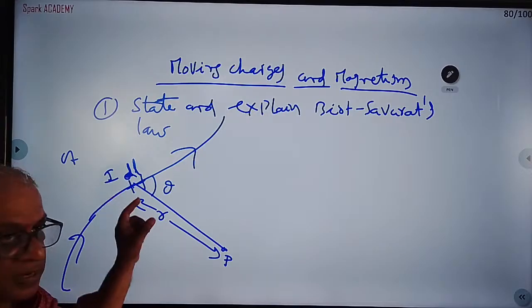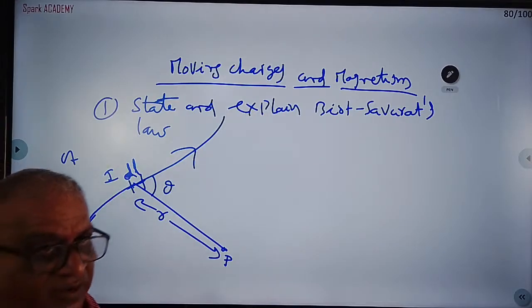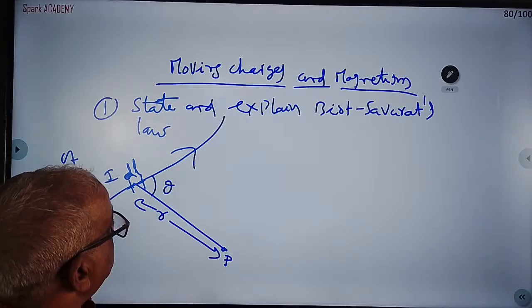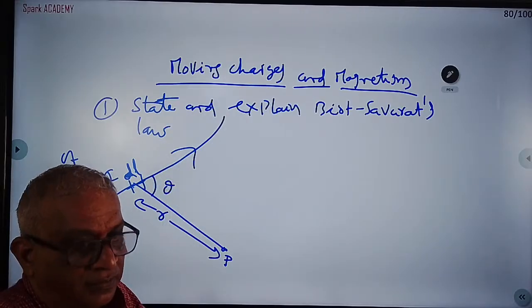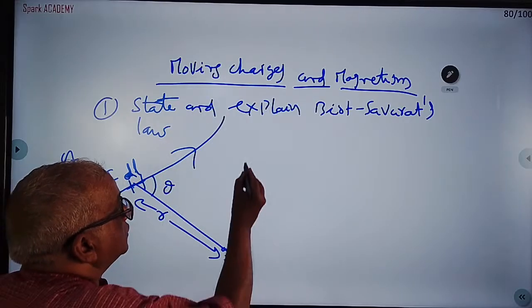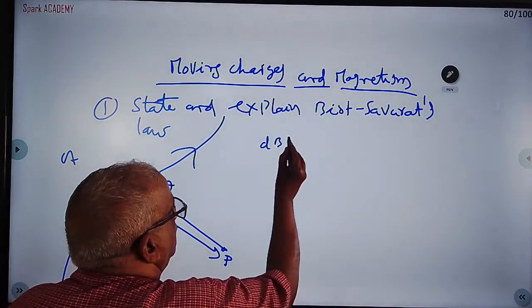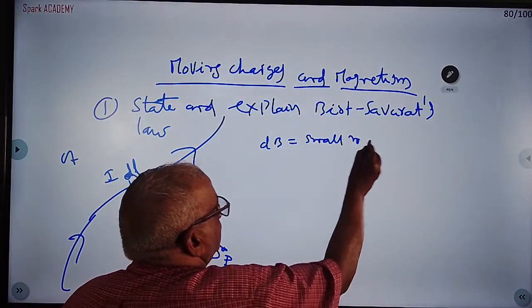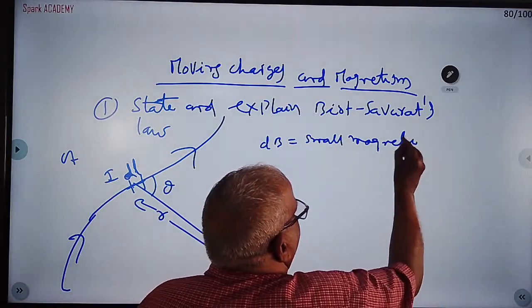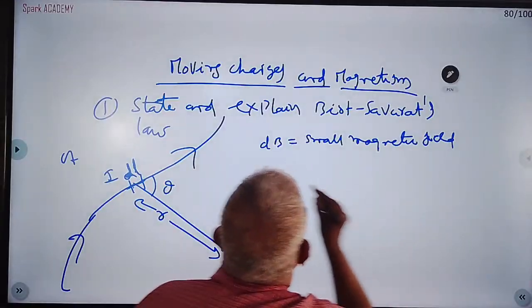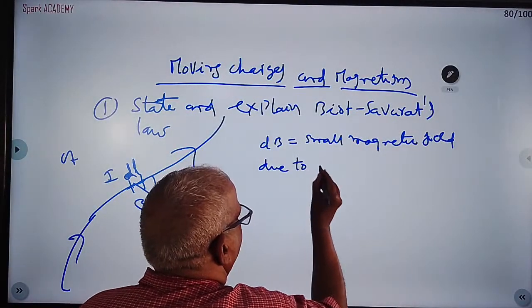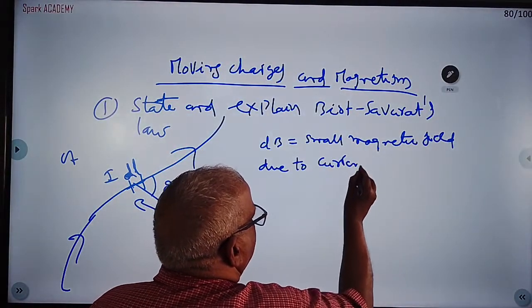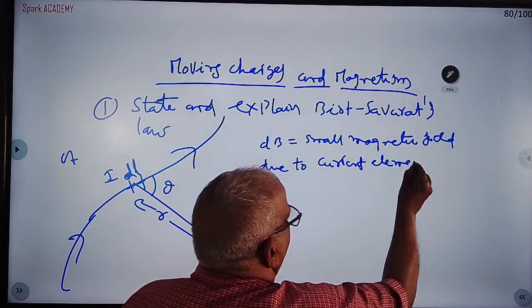Whenever current is there, Oersted says there is a magnetic field around it. When a current carrying wire is there, there is a magnetic field around it. The small magnetic field dB is the small magnetic field due to the current element Idl.